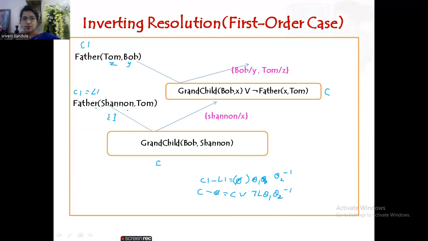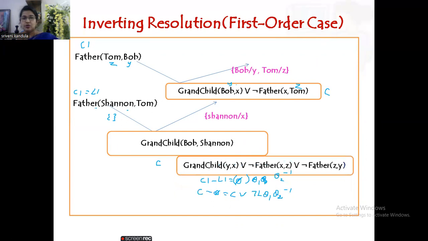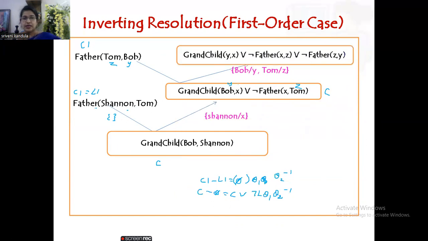So this Tom has to be replaced with Z, and Bob has to be replaced with Y. So my final conclusion is grandchild of Y comma X, or negation of father X comma Z, or negation of father Z comma Y.